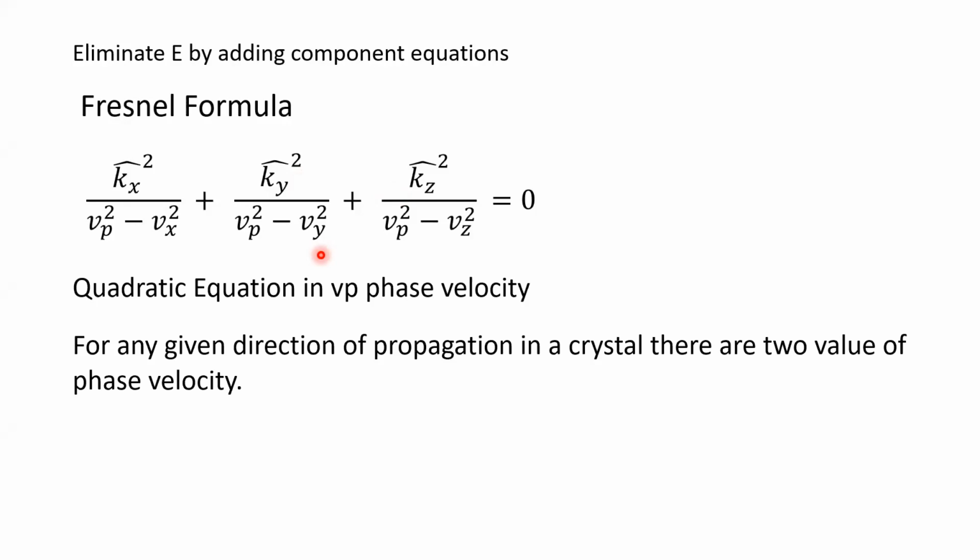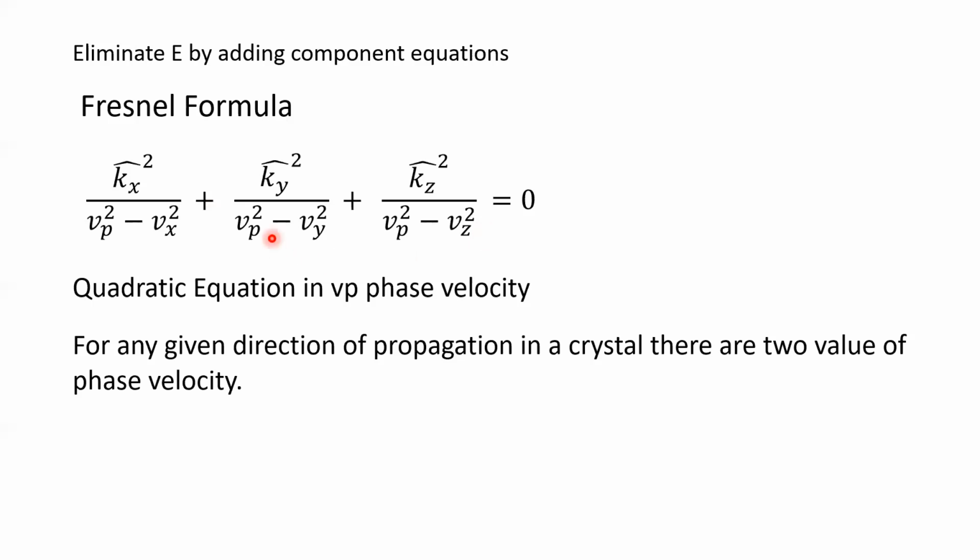How is it quadratic? For instance, now it's written in fractions, but you can add these fractions. So the denominator would be (Vp square minus Vx square) into (Vp square minus Vy square) into (Vp square minus Vz square). That will be the denominator, all three denominators multiplied. What will be in the numerator? You will have Kx square multiplied by this and this.